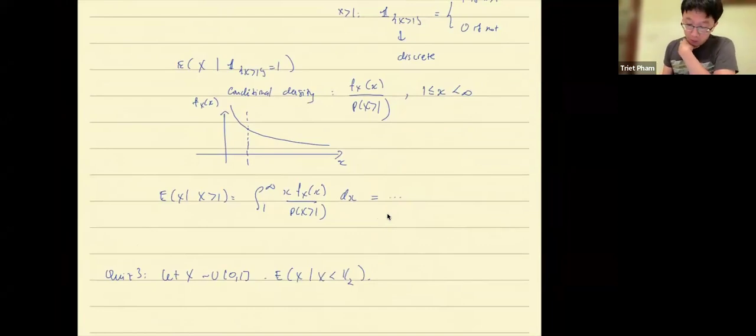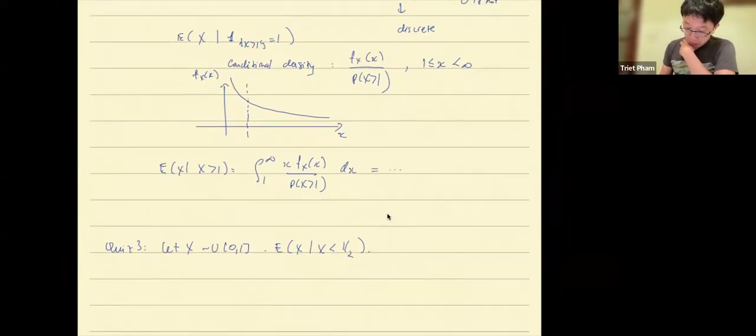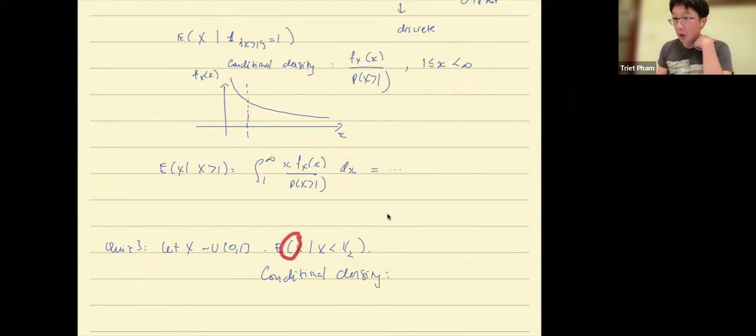You need to find the conditional density here. And the conditional density will be the original density divided by the probability of the region you're in.